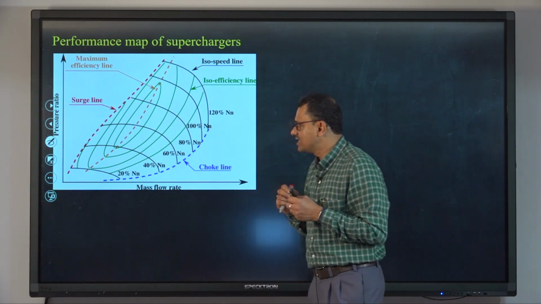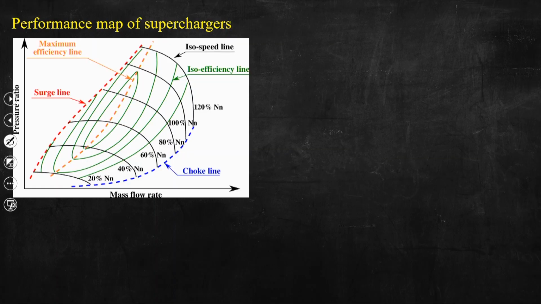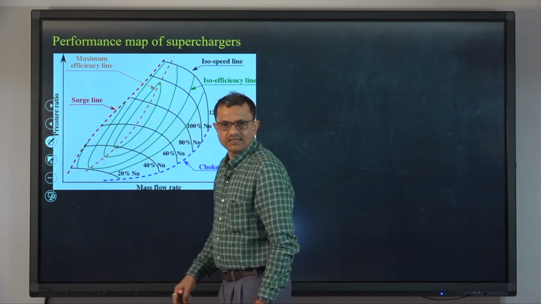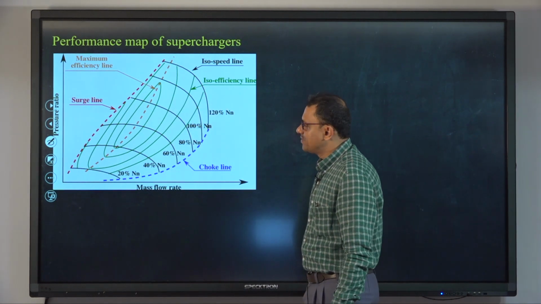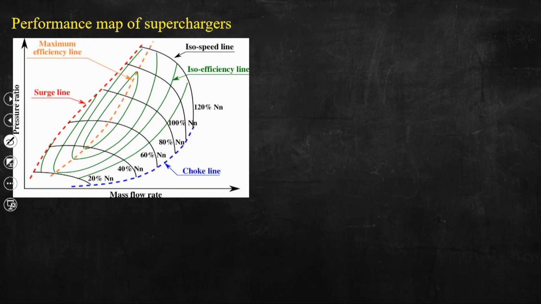So, what you can see from this performance map, essentially the idea is to obtain the pressure ratio that you can see along the y axis. We need to know the pressure ratio, that is, Rp, which is P exit by P inlet.